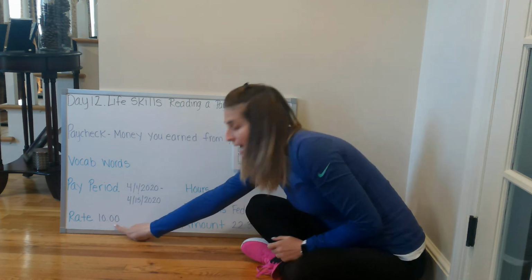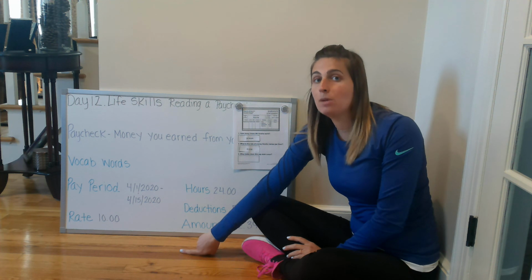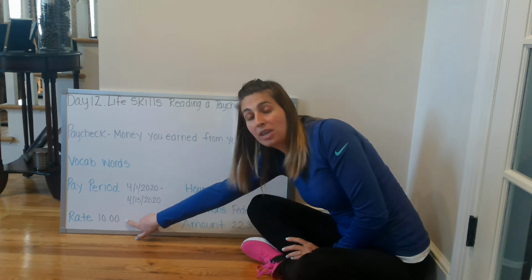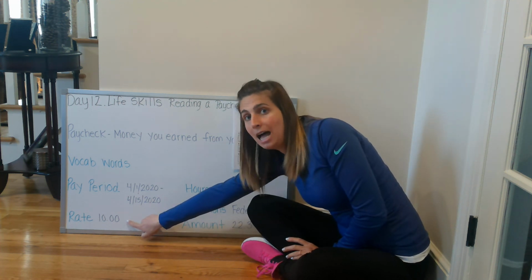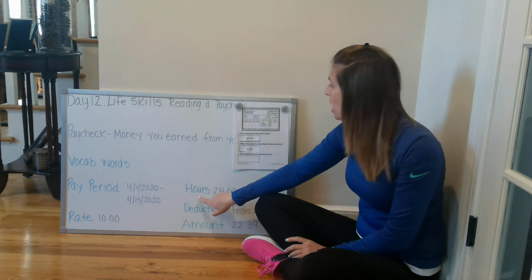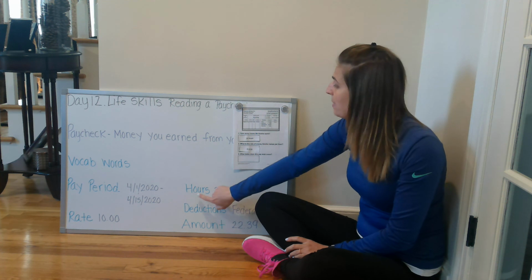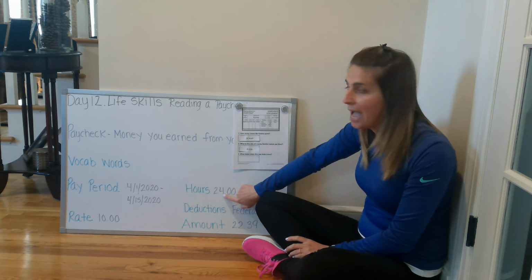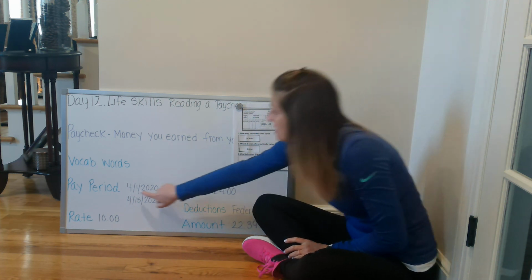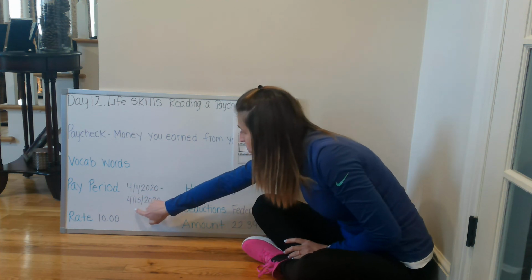The rate is how much Kesha is getting paid per hour. So for example, Kesha is getting paid $10 an hour. Her hours indicates her total hours of work. So that means Kesha worked 24 hours between the days of April 1st through April 15th.